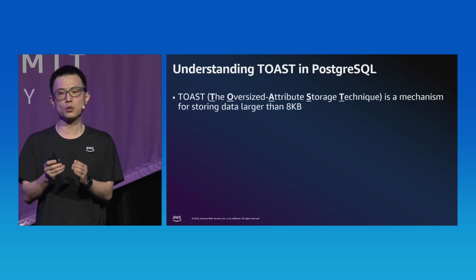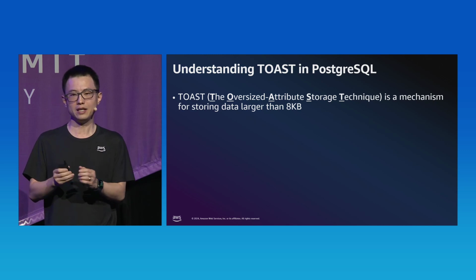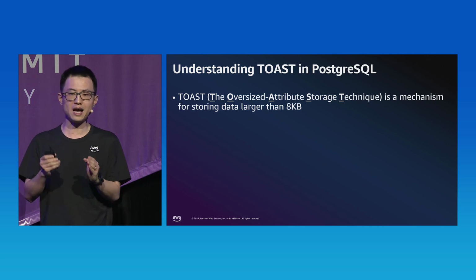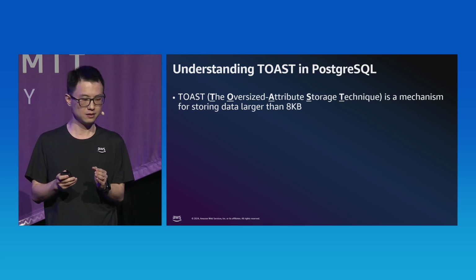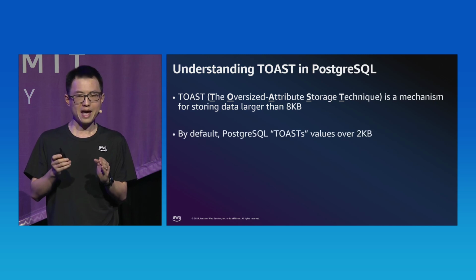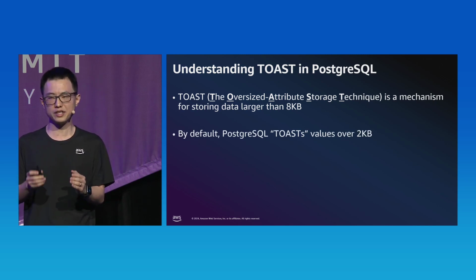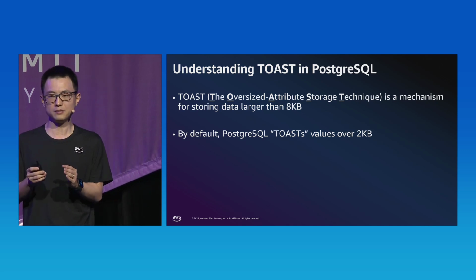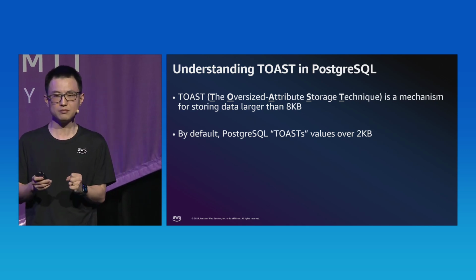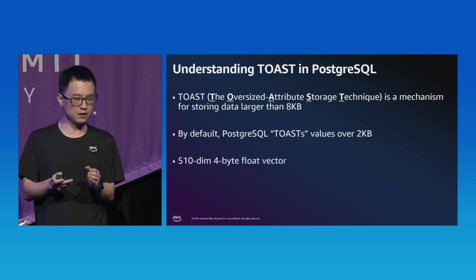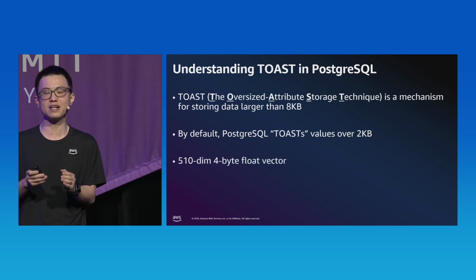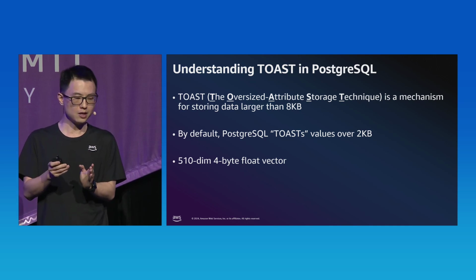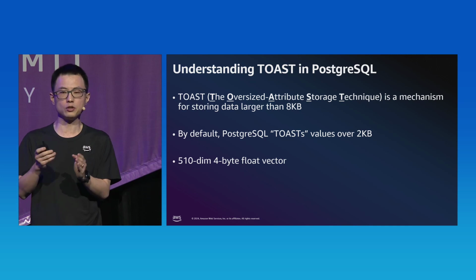But for data greater than 8 kilobytes, it uses a mechanism called TOAST to store the data. Actually, by default, PostgreSQL will store everything over 2 kilobytes in an external TOAST table. That means a 510-dimension vector will automatically be TOASTed into an external table.